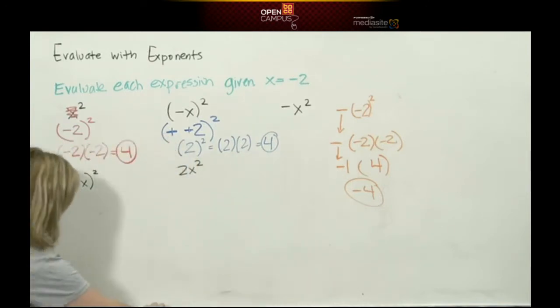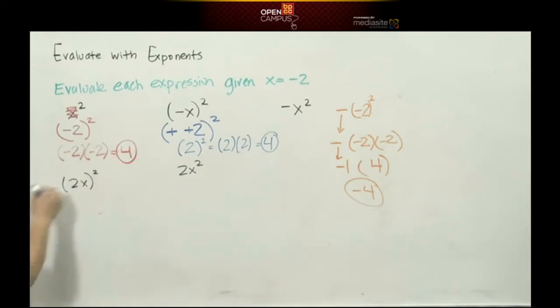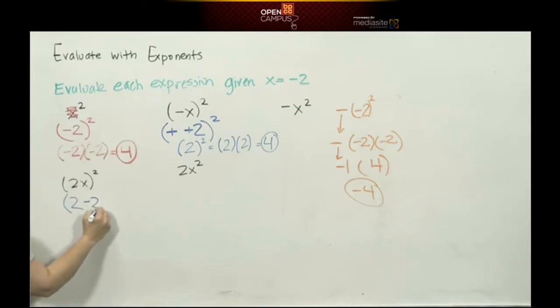Okay? Look here. Here's my expression: (2x) squared. So first we're going to do our substitution. We're going to replace our x with our number -2. Now these are side by side, these terms. So that means they're connected by multiplication. So that's how I show that. Okay?